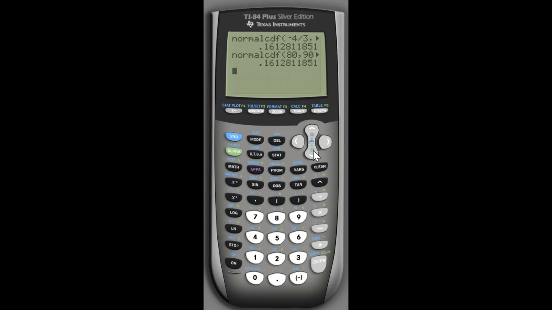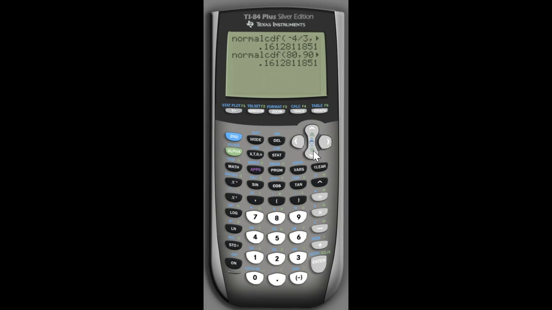Though in reality I am converting from a normal distribution to a standard normal distribution to get the answer, if I just put the correct population mean and standard deviation into the calculator, it will do that conversion for me and get me the correct answer.